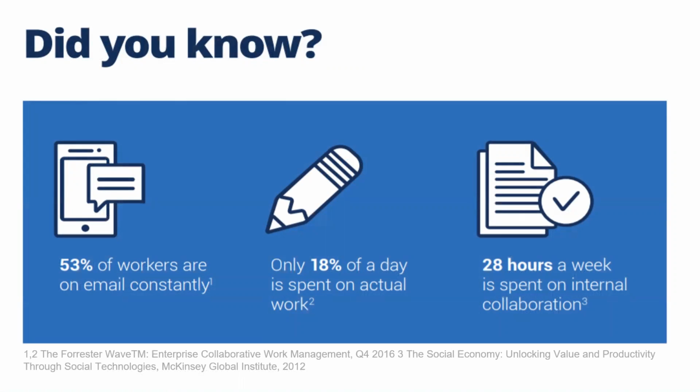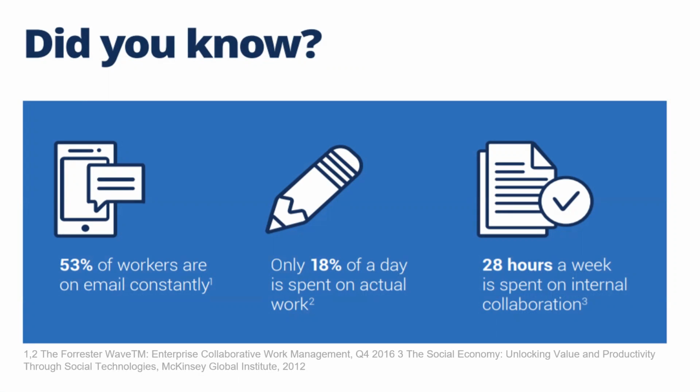But what that means is that there's a big impact to the productivity of yourself and your workers in your department or your company as a whole. And some interesting studies from Forrester and from McKinsey: 53% of workers say they're constantly on email.